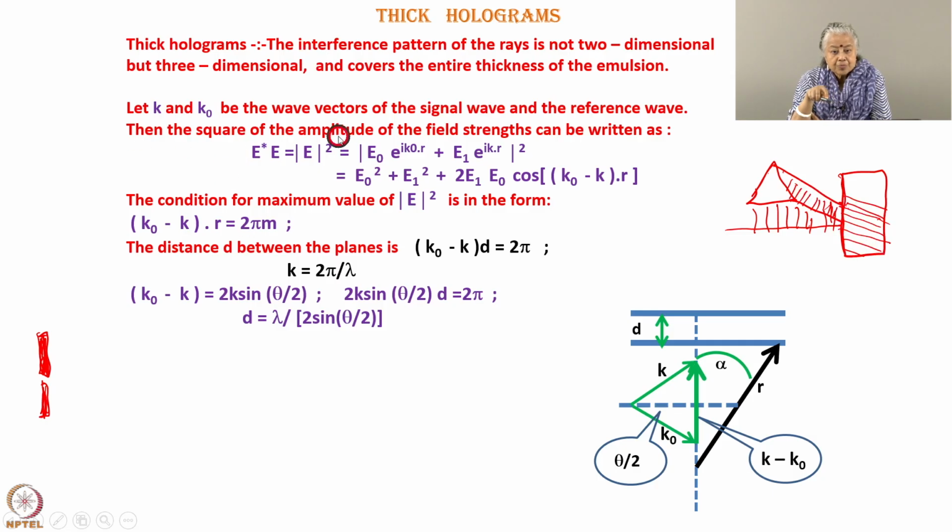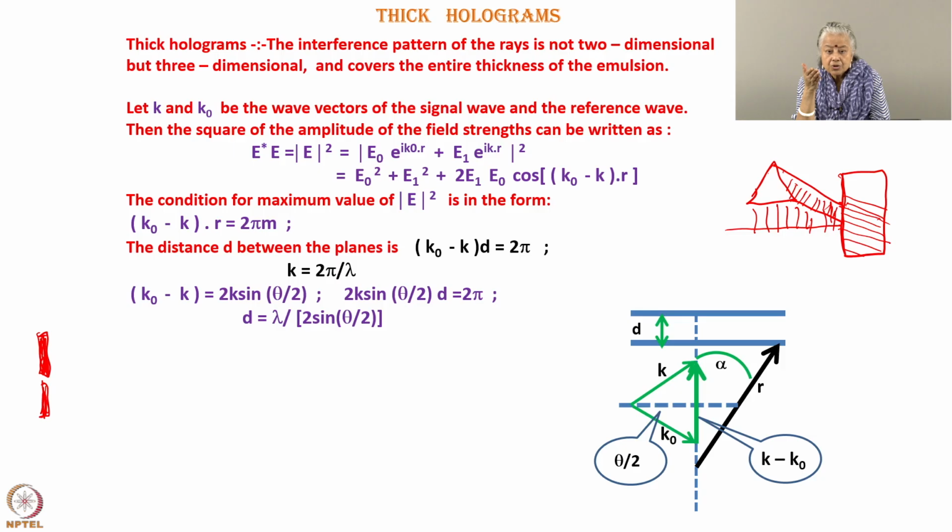Let k and k0 be the wave vector of the signal wave and the reference wave. Then the square of the amplitude of the field strength can be written as E star E as before, mod E square. Here I have written the wave as e to the power i k0 dot r in polar sort of coordinates, because now this 3-dimensional picture comes into view.